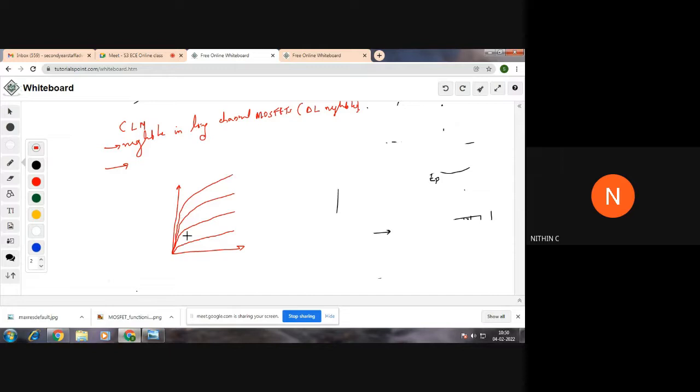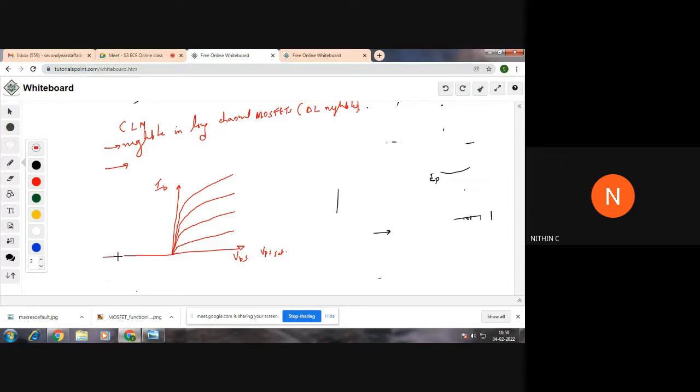We can see that this is the drain current. This is the graph between ID and VDS. The ID keeps on increasing even when the VDS is raised above VD saturation. Even if we increase VDS above VD saturation, this ID keeps on increasing. This is due to the effect of channel length modulation.